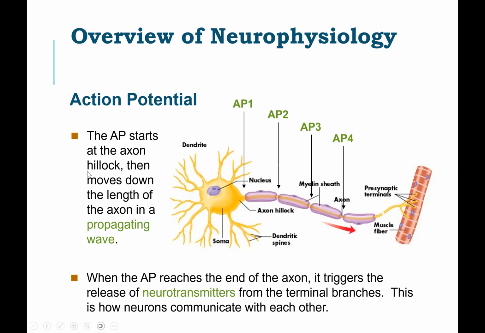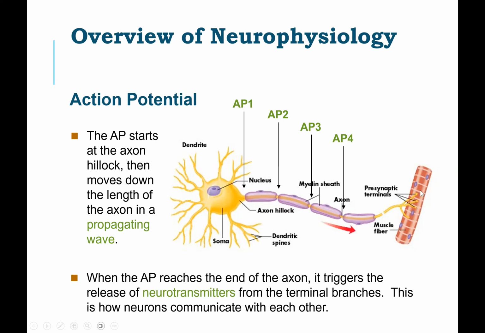Basically, the action potential starts at the axon hillock and then moves down the length of an axon, the wave propagating. If you record at any of these locations, you'll see an action potential earlier on. When I say you have an action potential, it means the cell voltage goes up and then comes back down, and then it travels to the next one.